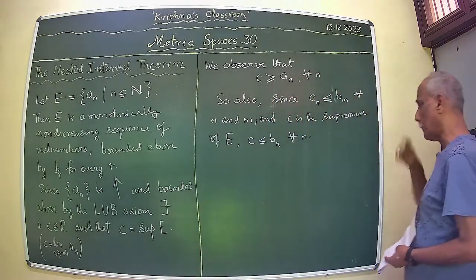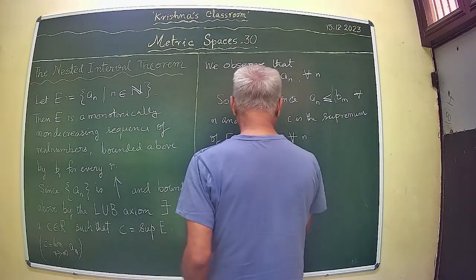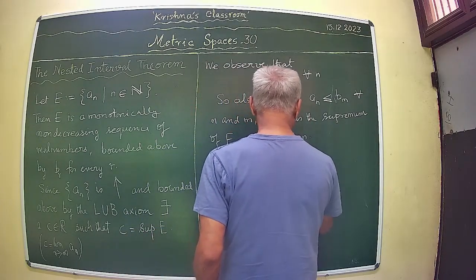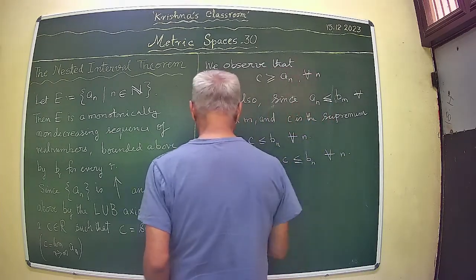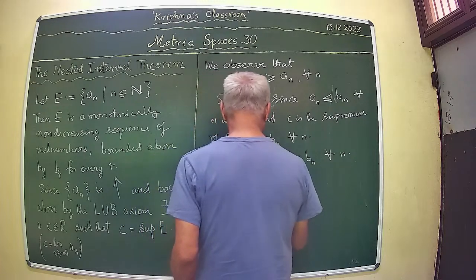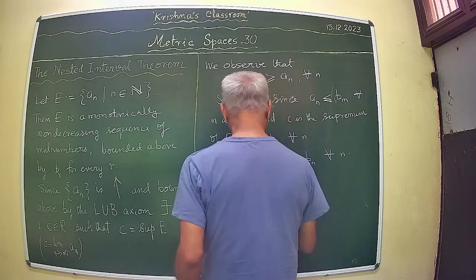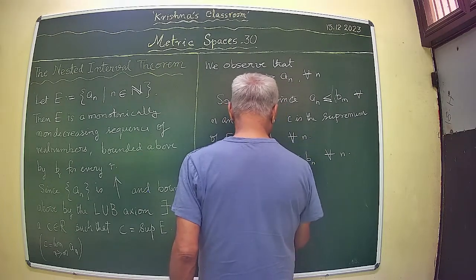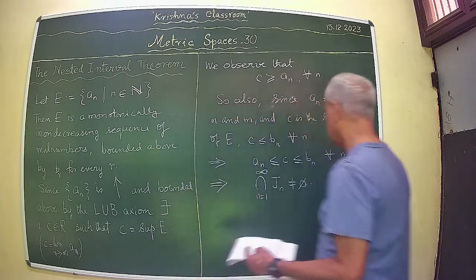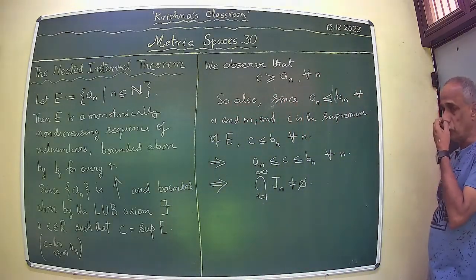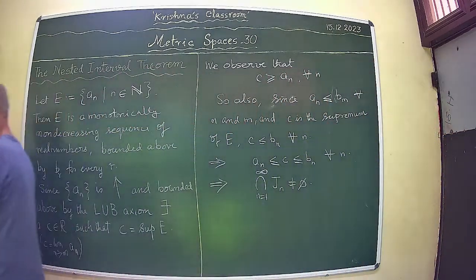What does this mean? This implies C belongs to Jn for every n. So we have proved one part of the theorem, that this intersection is non-empty.